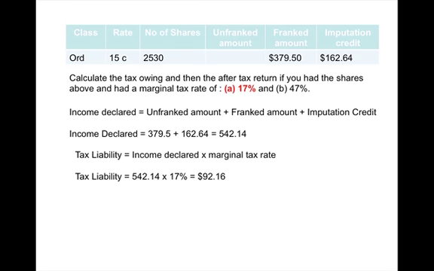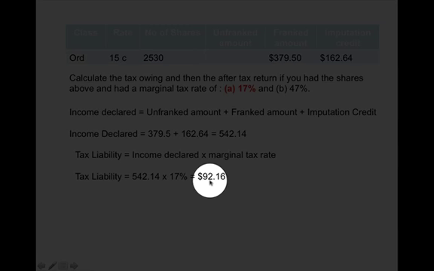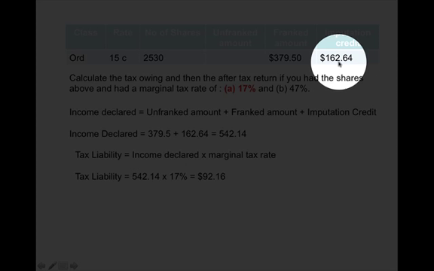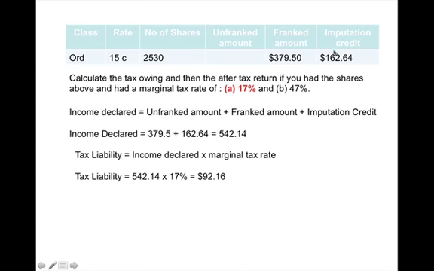Your tax liability then is your income declared times your marginal tax rate. So the income declared is this, your marginal tax rate is 17%. So you times the two together, and you're liable to pay $92.16. Okay, so that's how much you should be paying. But you've already forked out, well, the company's forked out on your behalf $162.64, which is the imputation credit.